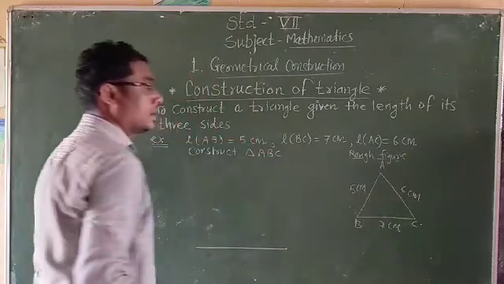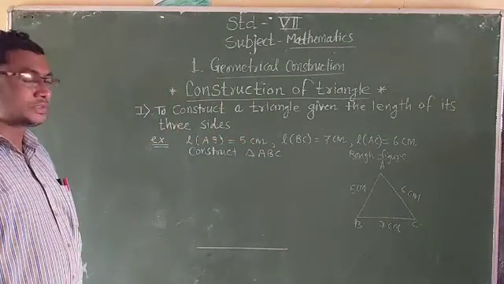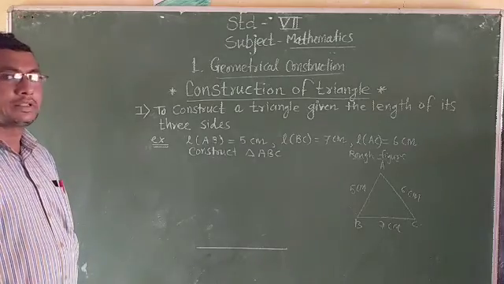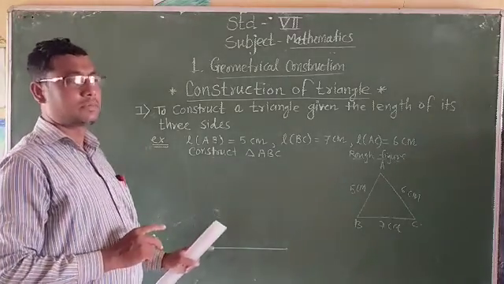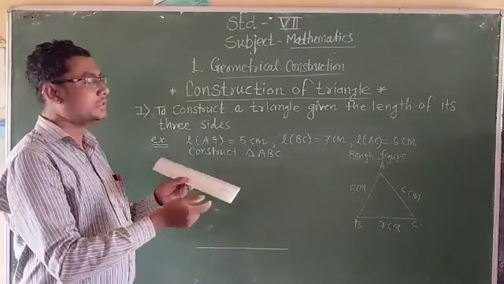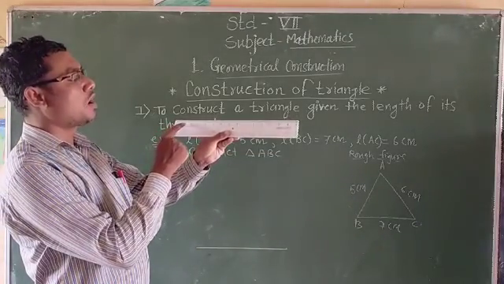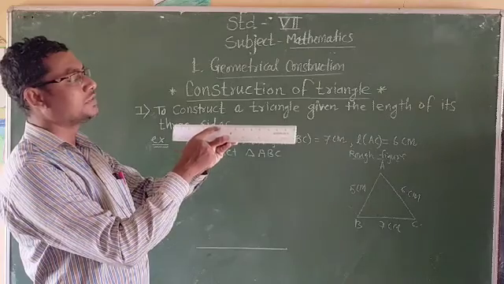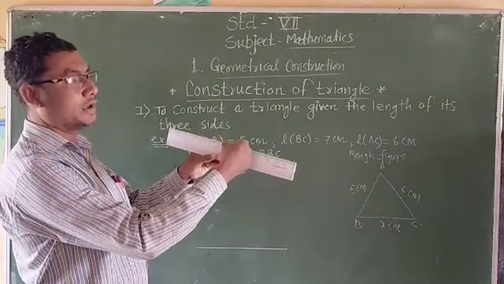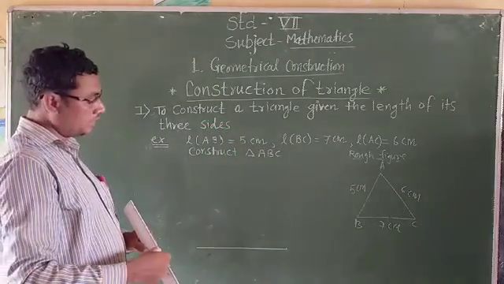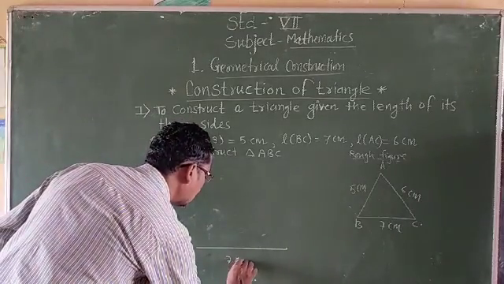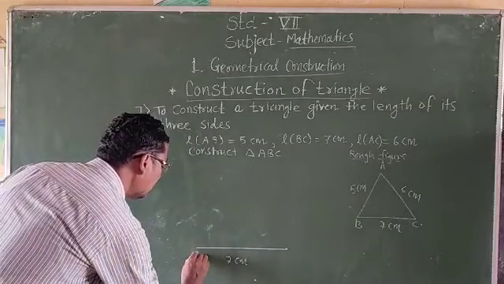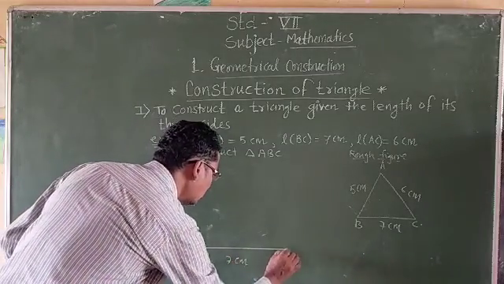Suppose look here, I am not taking the exact measurement of 7 centimeter in the scale but you have to take the exact measurement. BC 7 centimeter, count 0 1 2 3 4 5 6 7, up to 7. So 7 centimeter you have to take the exact measurement. So this is a 7 centimeter. BC is 7 centimeter.